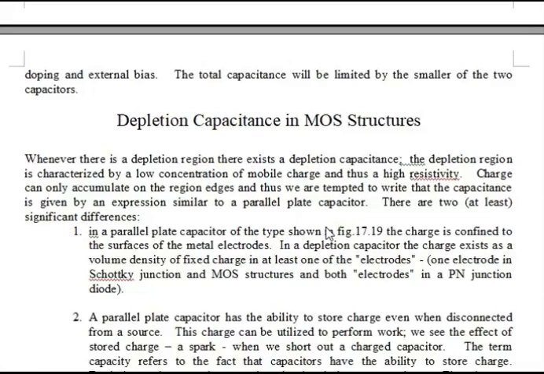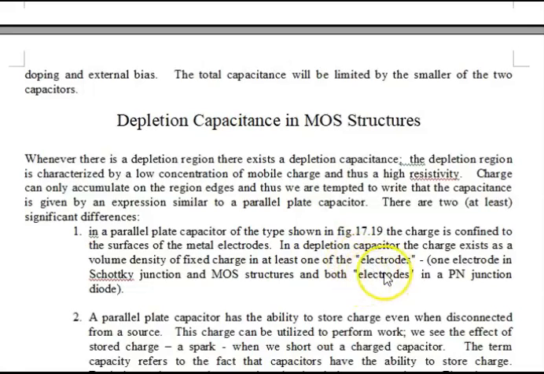That's not true in depletion capacitors, because the charge is spread out over the depletion region. It is constant generally, unless we make it non-constant, but the charge is not confined to the surface. Only in the two regions of accumulation and strong inversion do we have charge confined to the surface, in this case, the surface of the oxide.